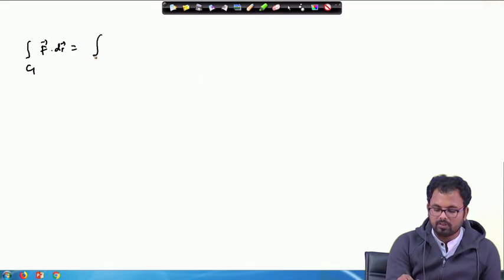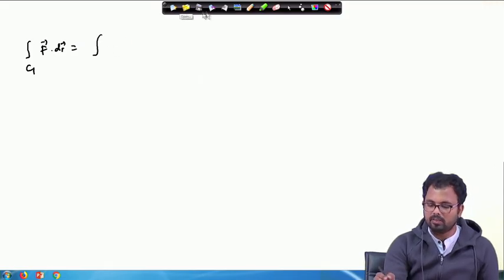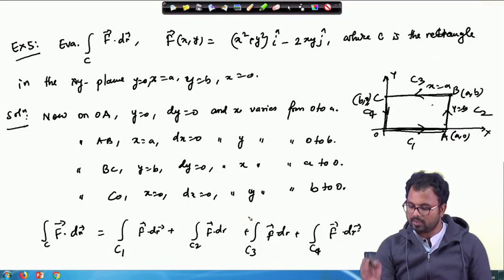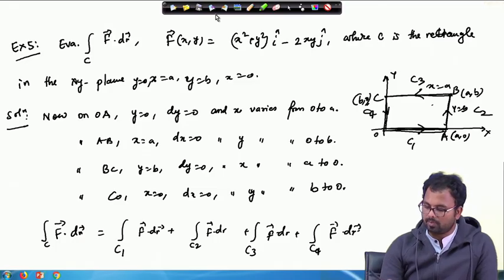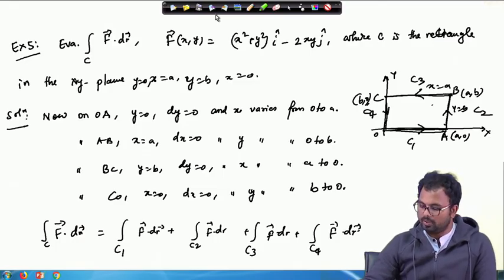On C1, x is varying from 0 to a and our f is given by this equation. Now, on C1 y is 0, so dy is 0. When y is 0, these terms are 0.